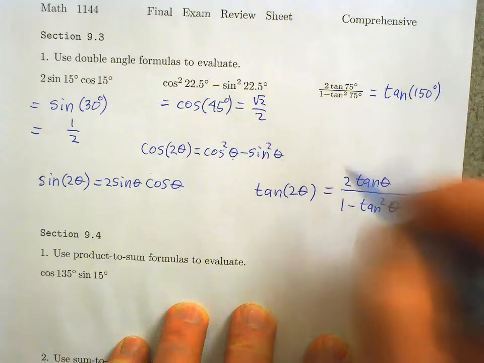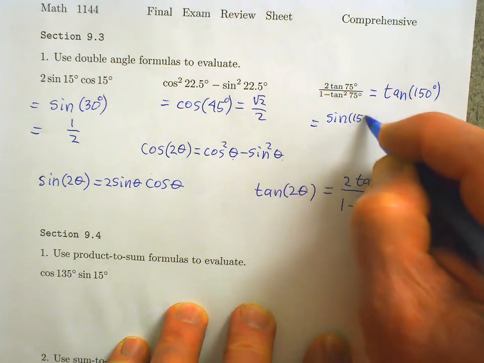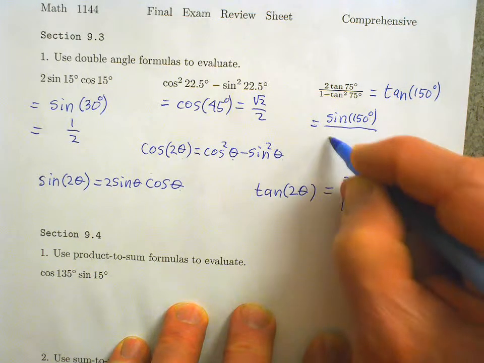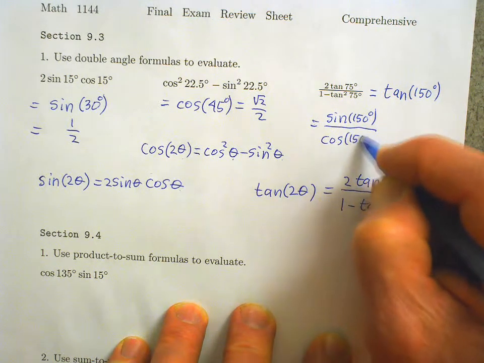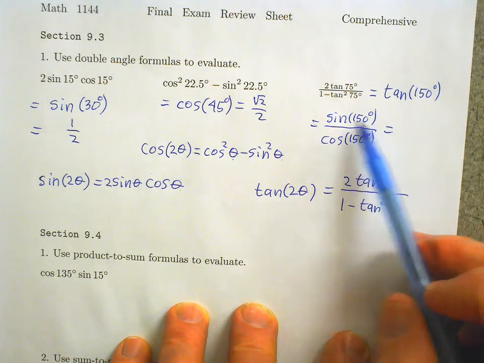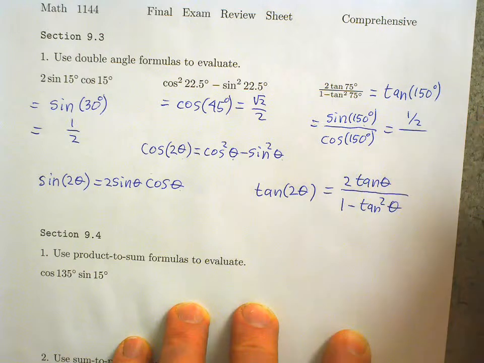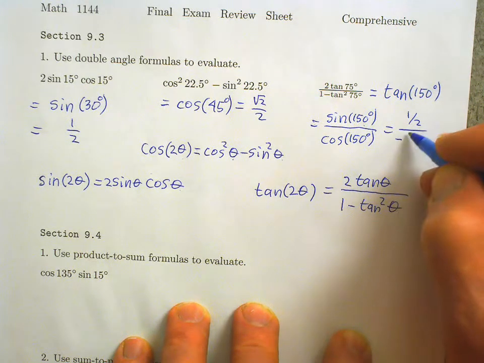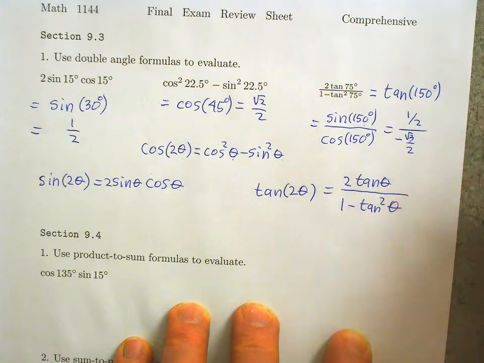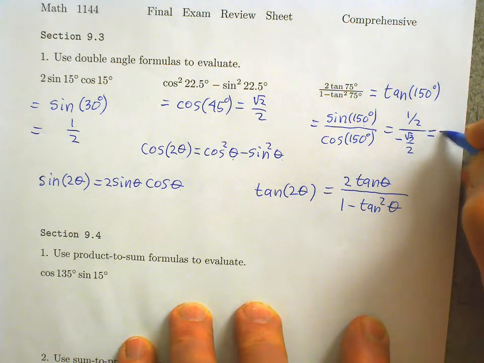You can also think of that as sine of 150 degrees divided by cosine of 150 degrees. So 150 degrees is in the second quadrant. Sine of 150 degrees is 1/2. Cosine of 150 is negative. It's the negative square root of 3 over 2. And if we simplify a little bit more, we get negative 1 over the square root of 3.